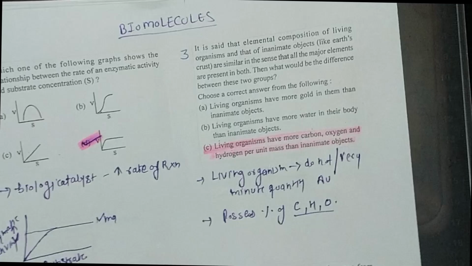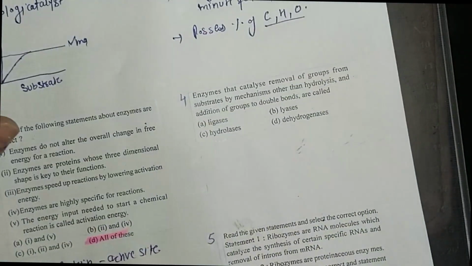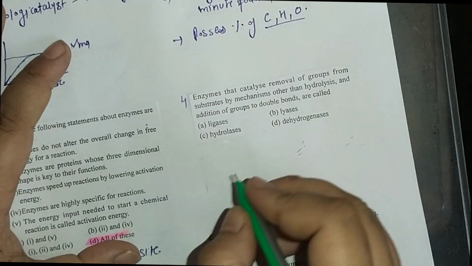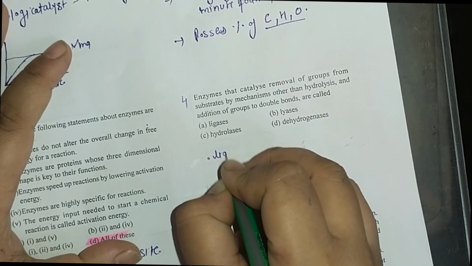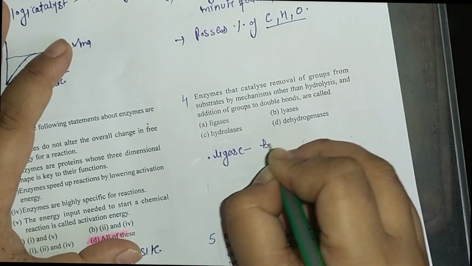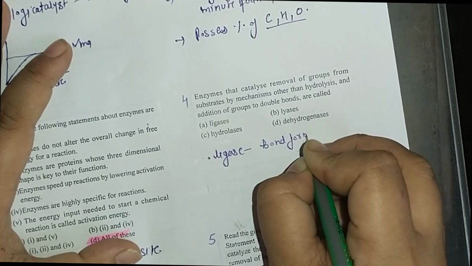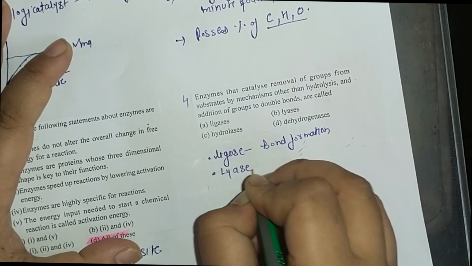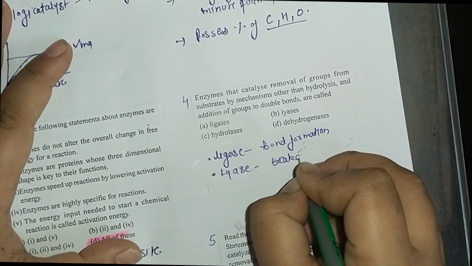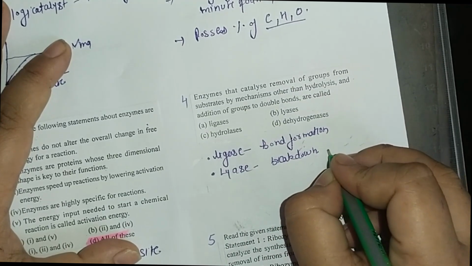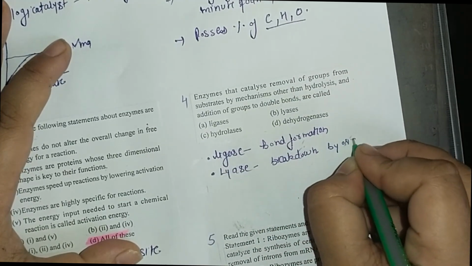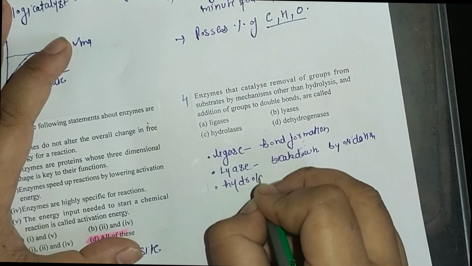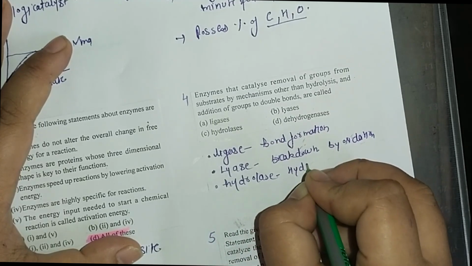Okay, next question is: the enzyme that catalyzes the removal of a group from a substrate by a mechanism other than hydrolysis. So first of all, we are discussing the function of each. Ligase is responsible for bond formation. Lyases are responsible for breakdown by oxidation. Hydrolases, as the name suggests, are responsible for hydrolysis.